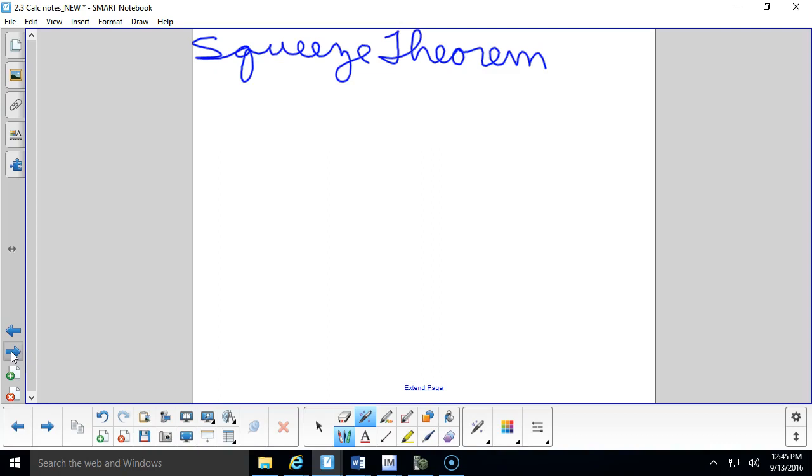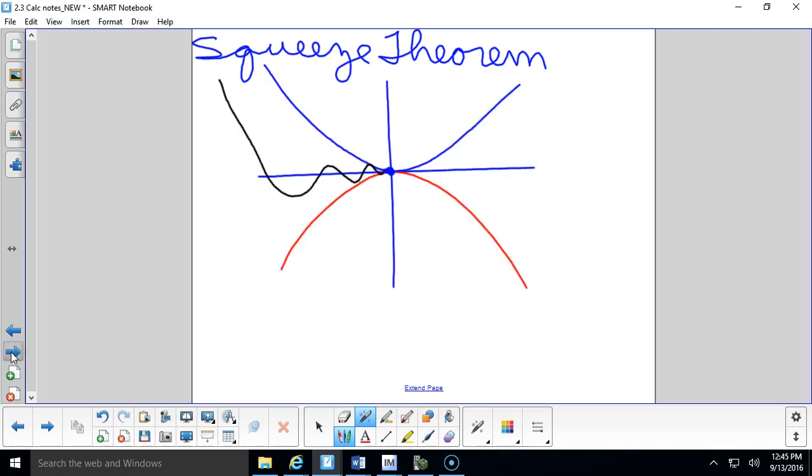I will not ask you to use this, but it comes up occasionally through the year. The book will cite this theorem, and I want you to understand the premise behind it. The idea is, let's say I know that the limit of this function as x approaches 0 is equal to 0.